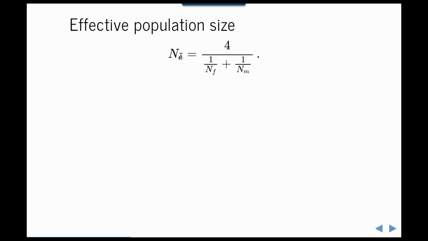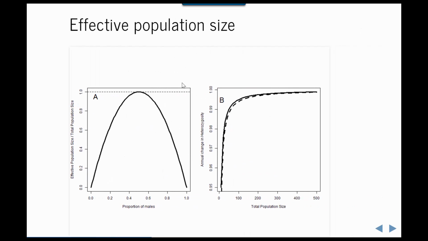The idea behind the effective population size is that it's how big an ideal population would be that loses heterozygosity at the same rate as the real population. And so when the sex ratio is completely balanced and there's random mating, then your effective population size, this ideal population, is exactly the same size as the real one. But if the real population has a skewed sex ratio, then the effective population size will be reduced.